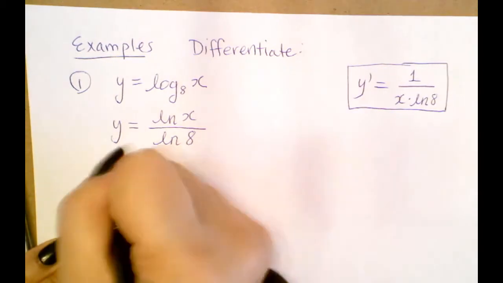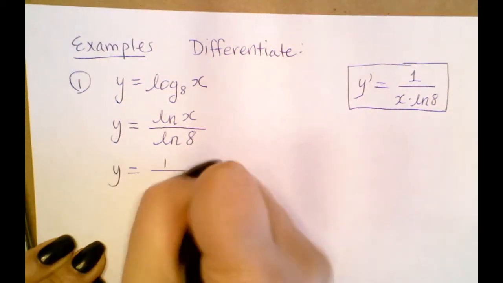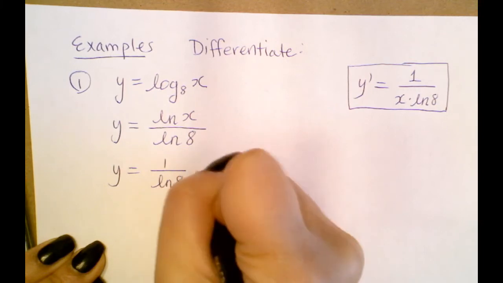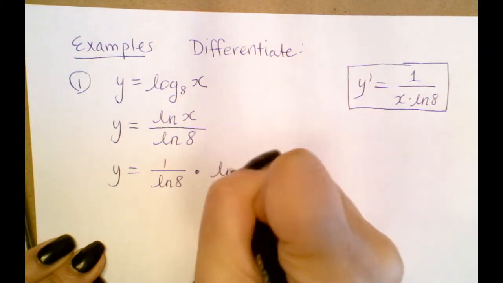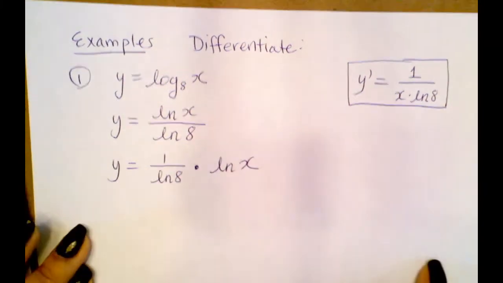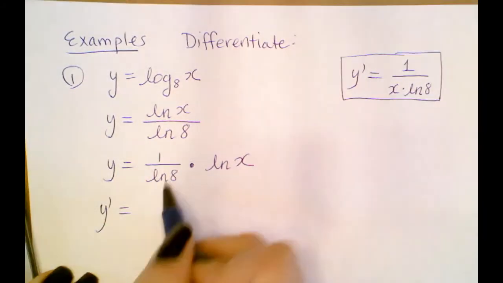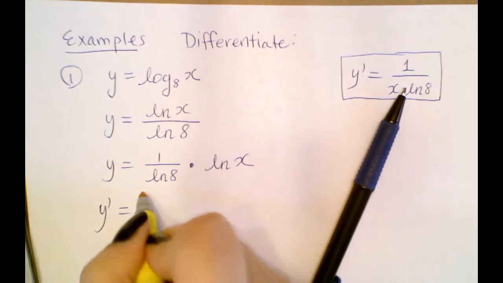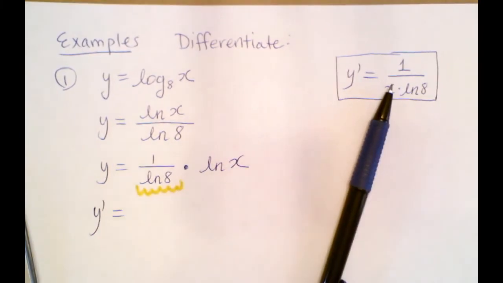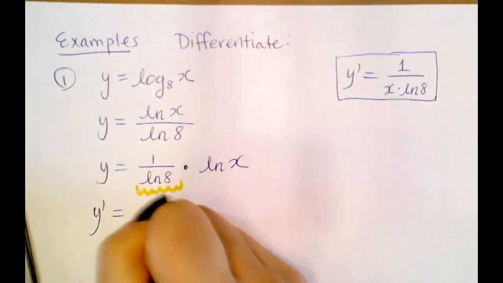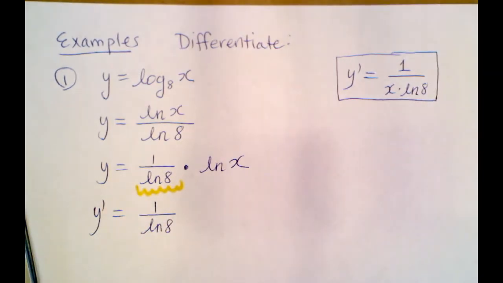And now I can rewrite this as y equals 1 over natural log of 8 times ln x. And I'll take the derivative of this. So y prime is equal to, well, you see, this is just a constant, so I'll write this down as 1 over natural log of 8. Nothing changes about that.